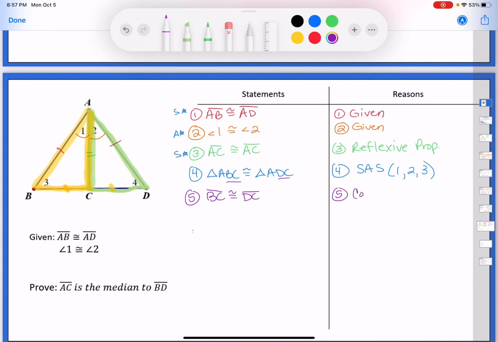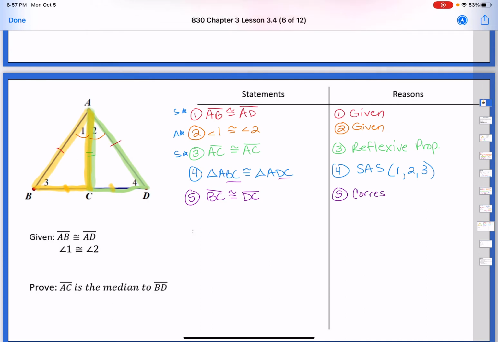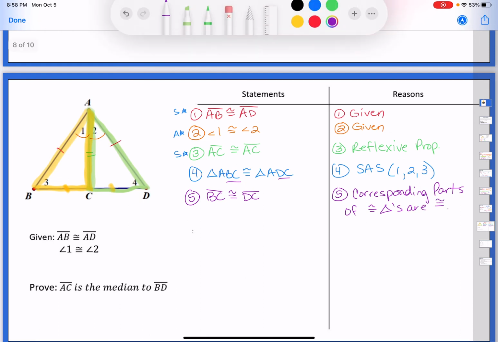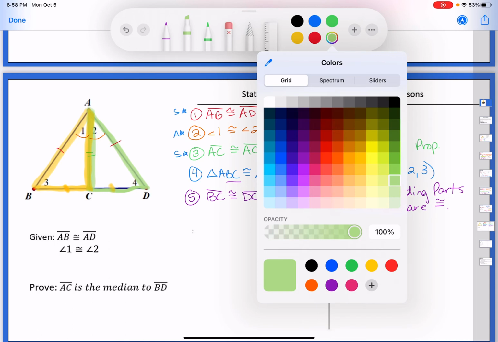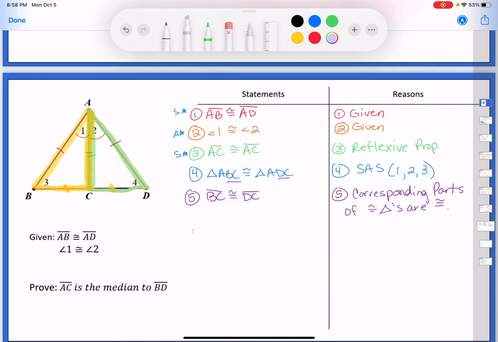And the reason is corresponding parts of congruent triangles are congruent. Okay, and just remember your self-check there. In order to use corresponding parts of congruent triangles are congruent, CPCTC, I need to make sure that I have said that I have congruent triangles. And I do have that as my step before that, so I'm okay to use CPCTC here.